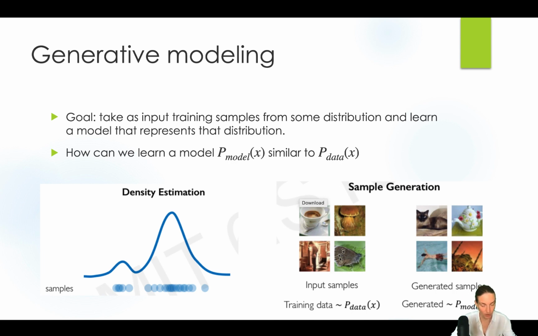Okay. Or we could do sample generation, whereby we have a bunch of input samples again, and we have a probability distribution of the data, and we want to come to such a model that generates samples that the probability distribution of the model is very much like that of the data.